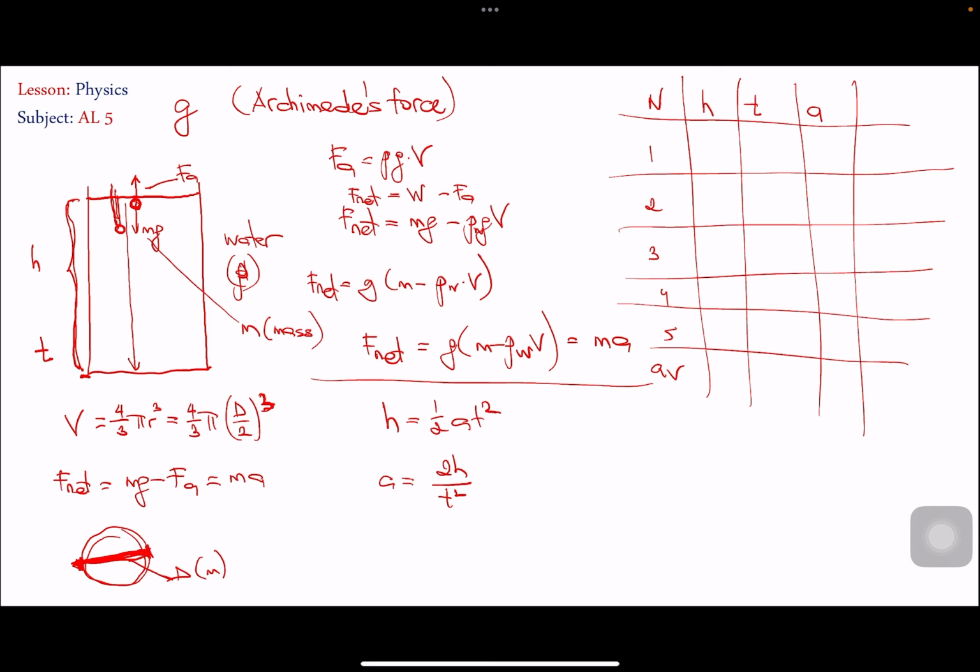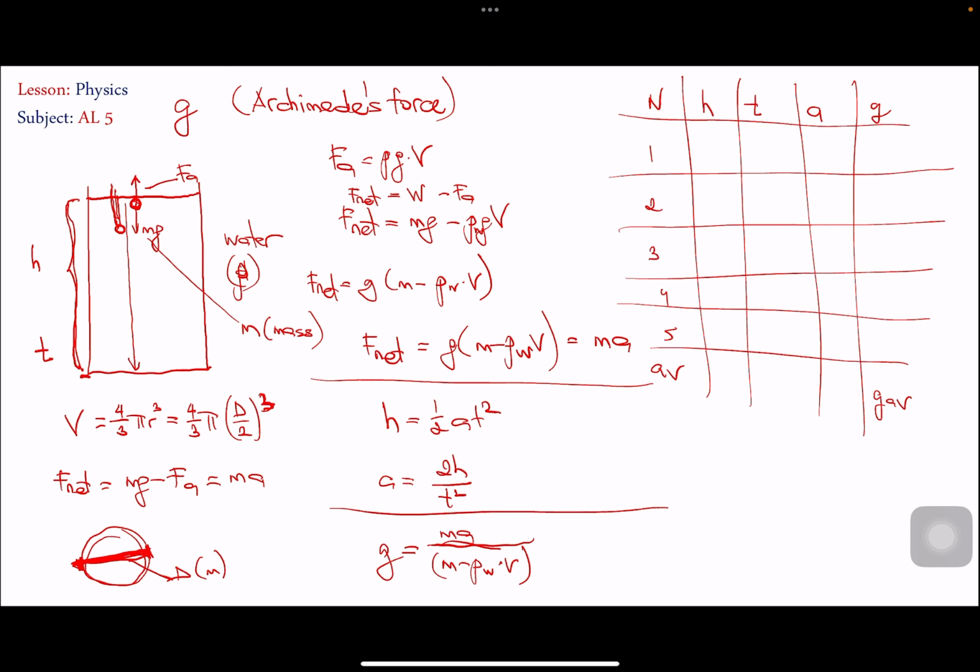Then you obtain g from this formula: g equals ma over (mass minus rho, density of water, times V). You'll find different g values here, and finally, on the table, g average.